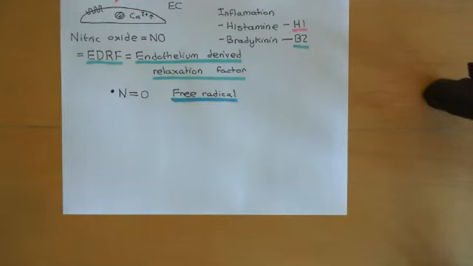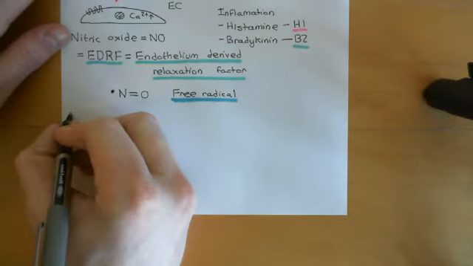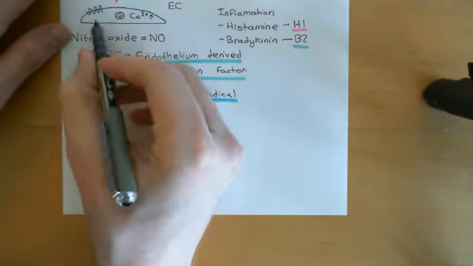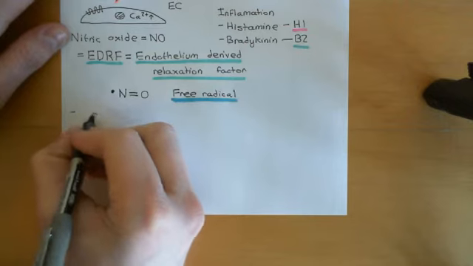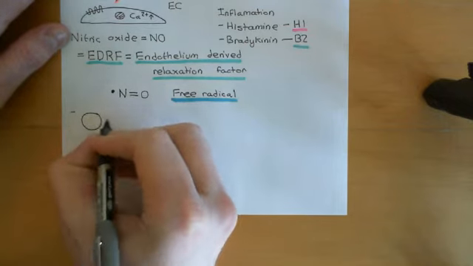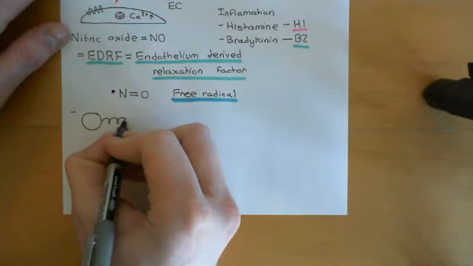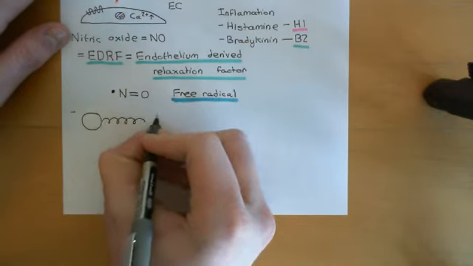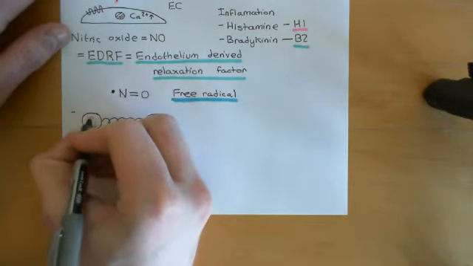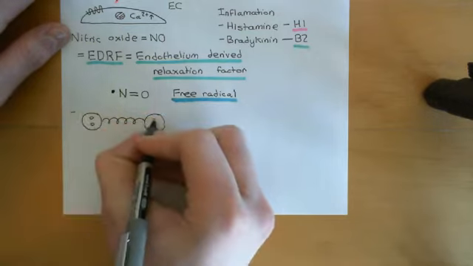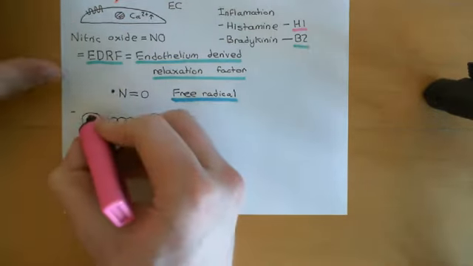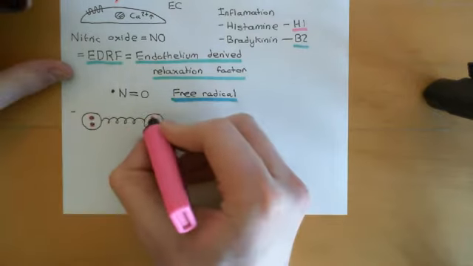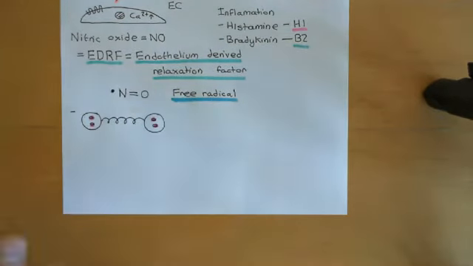Okay, so what I'm going to say just before we discuss the structure of the enzyme then is that calcium, when you generate this calcium signal inside the endothelial cells, is going to bind to calmodulin molecules, and again you're going to get the formation of calcium calmodulin complexes within the endothelial cells. Okay, so it's the calcium calmodulin complexes that are going to be responsible for activating the enzyme that is involved in producing nitric oxide within these endothelial cells.